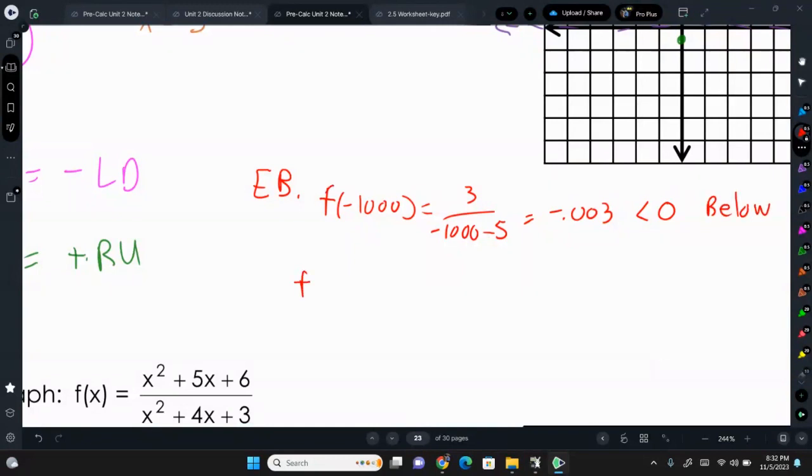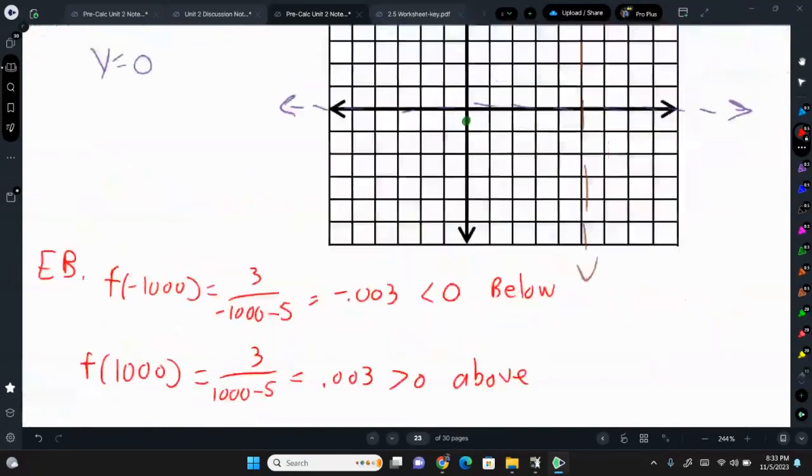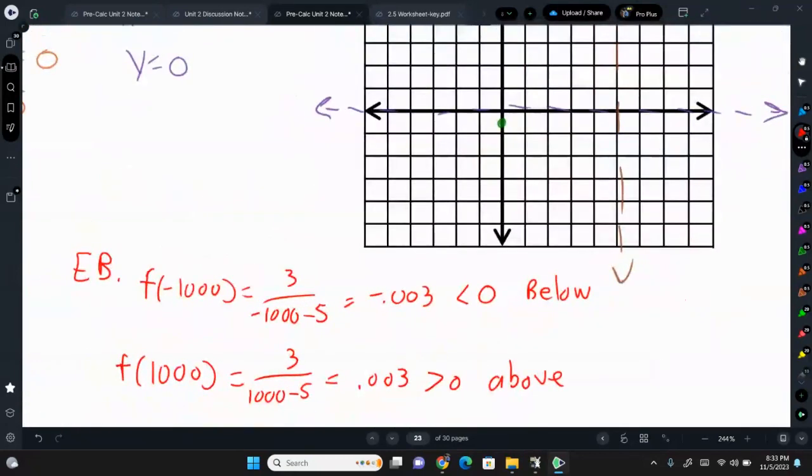And then f of positive 1,000, that's going to be positive 0.003, which is greater than 0, so above. So now we're going to put this together. We know that the left side is going to be below the asymptote because negative 1,000, that x value, is over here.